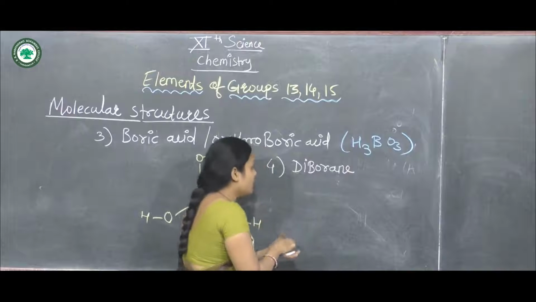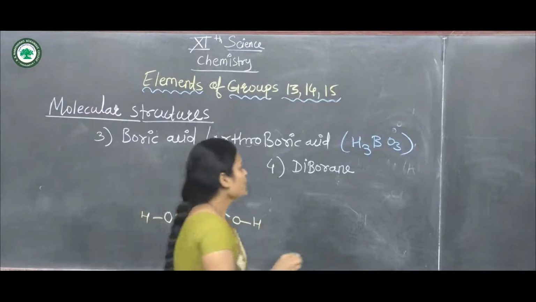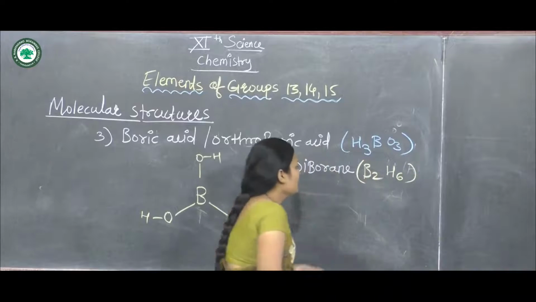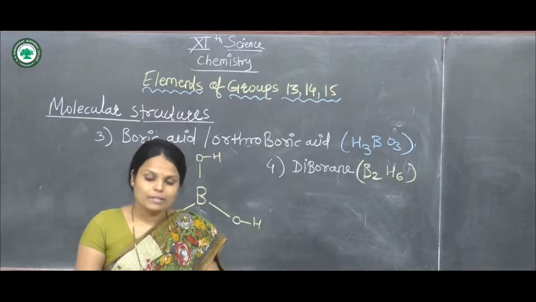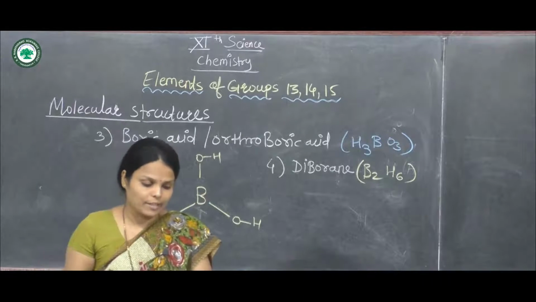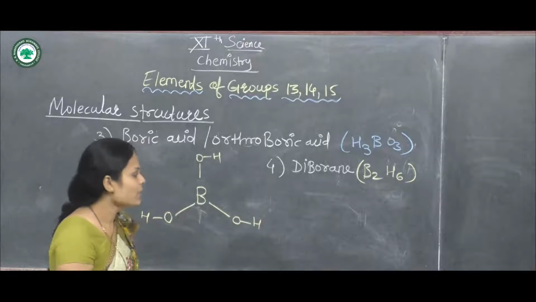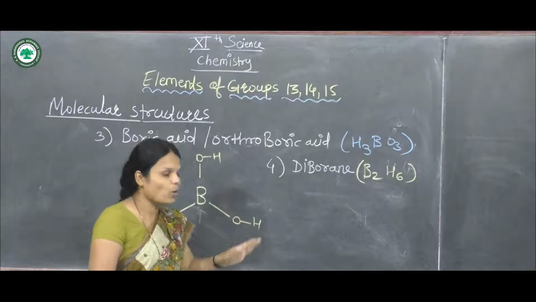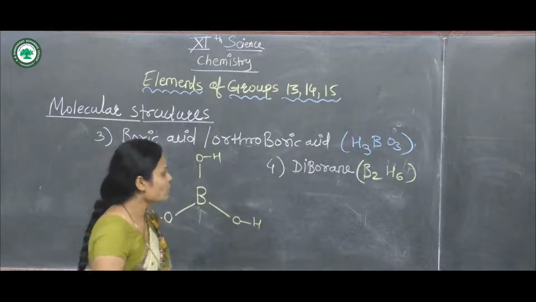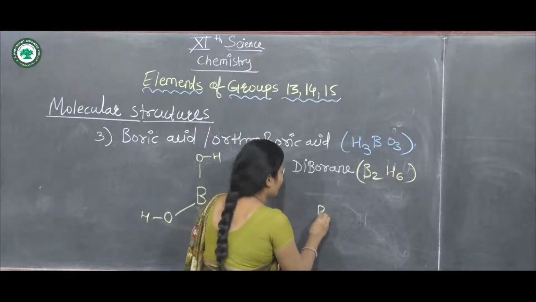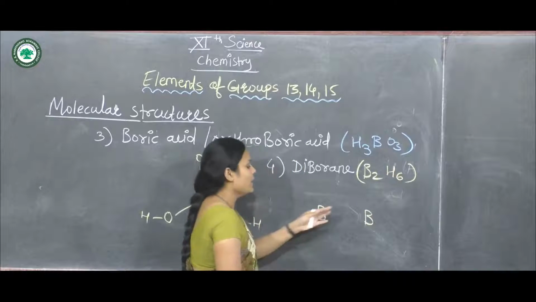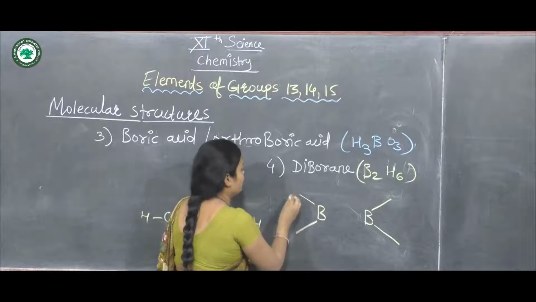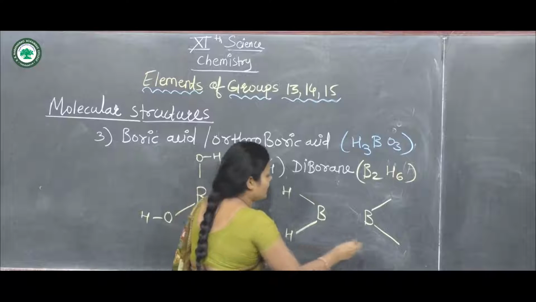Its formula is B2H6. In B2H6 there are two central atoms, both boron, and the hydrogens are attached outside. Here is a boron, here is also boron, and the six hydrogen atoms are attached to the borons. Here is hydrogen, here is hydrogen.